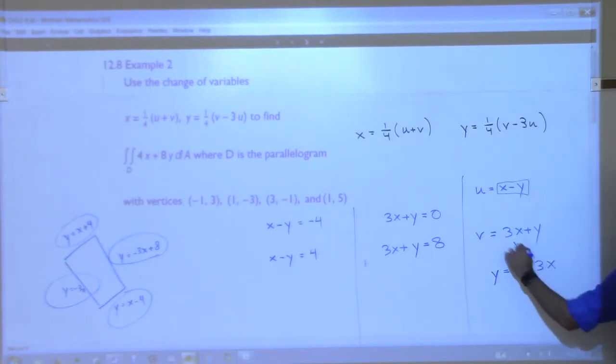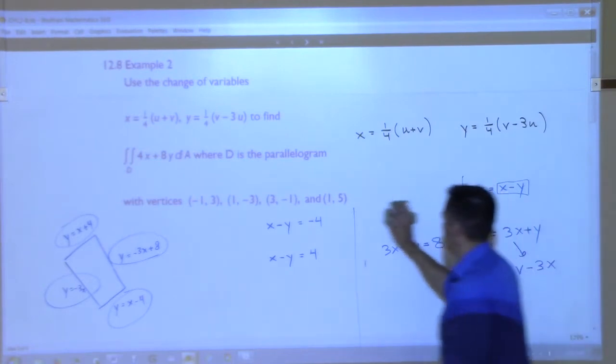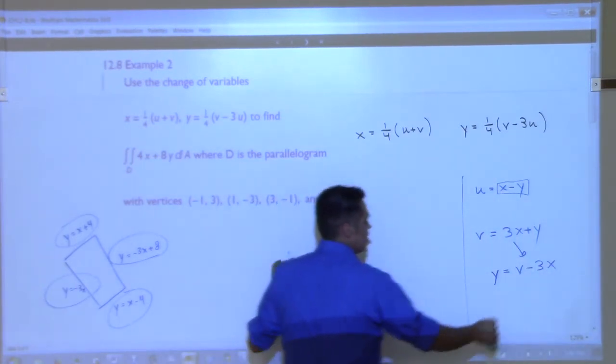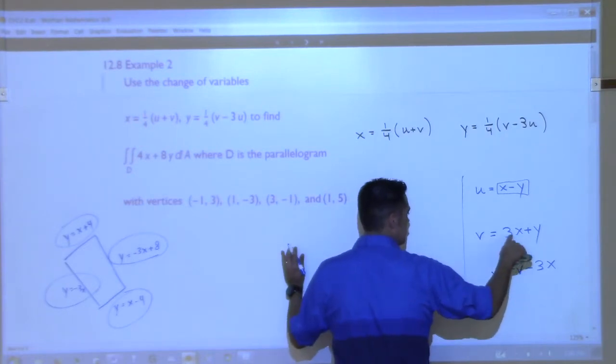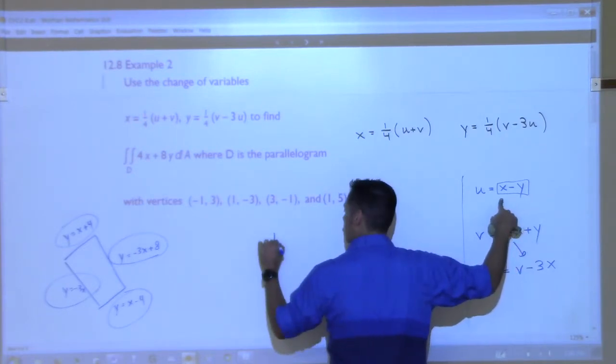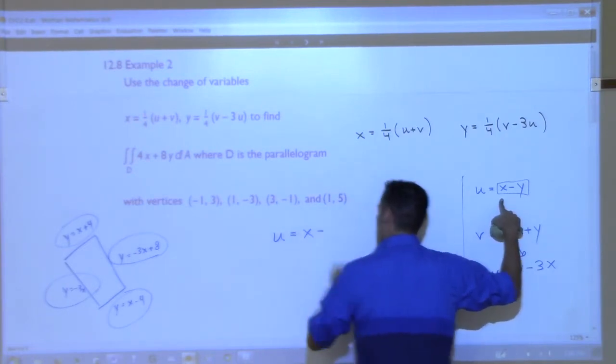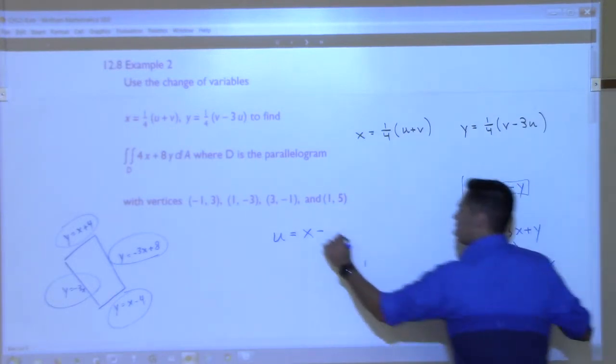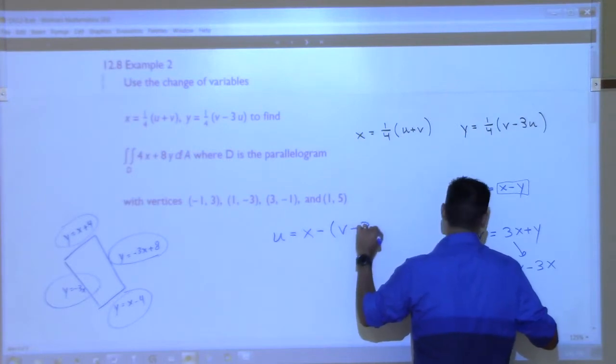Okay, that's this one. Now go back up to this one. I'm just showing this to you because you asked, and so I'm showing you another way of doing it. So this becomes this. Now go up to this one. u equals x minus, now what's y? This right here, so v minus 3x.